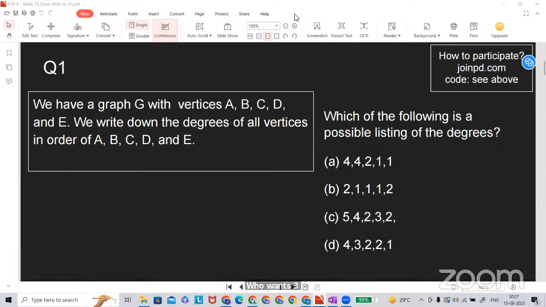Please everyone try to solve this problem. You can use the 3 facts we just used. Using those facts only we can choose the correct option.